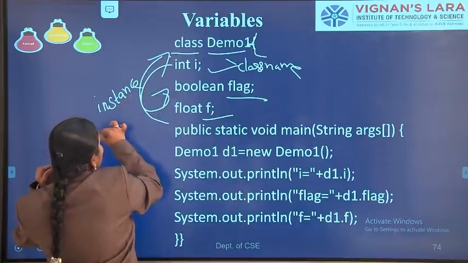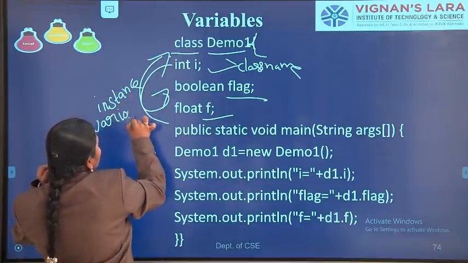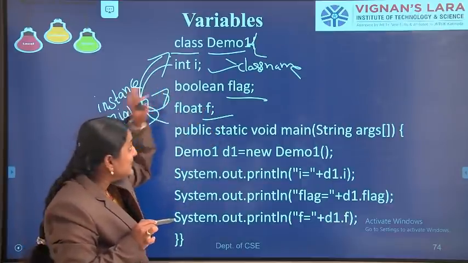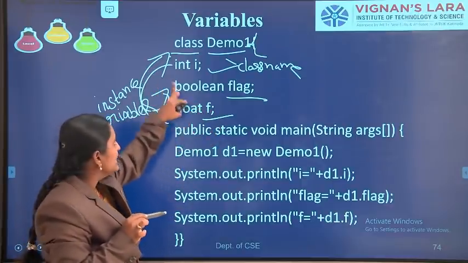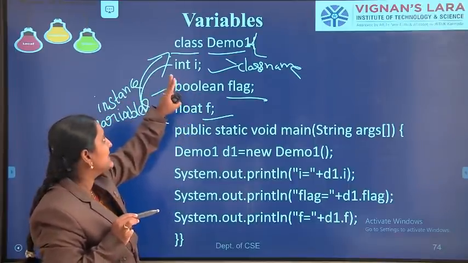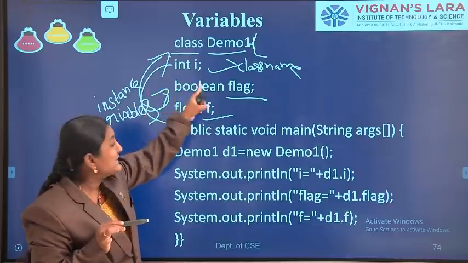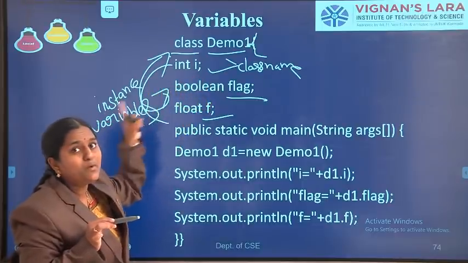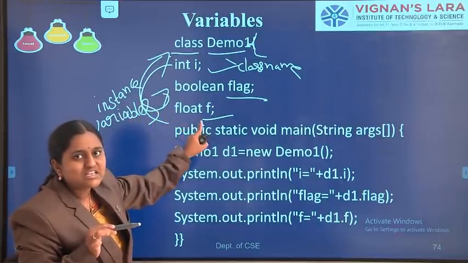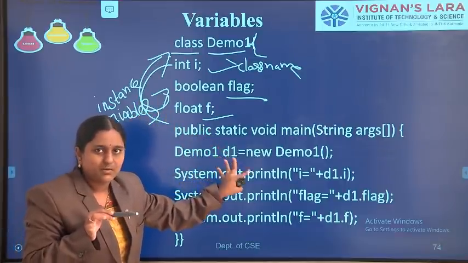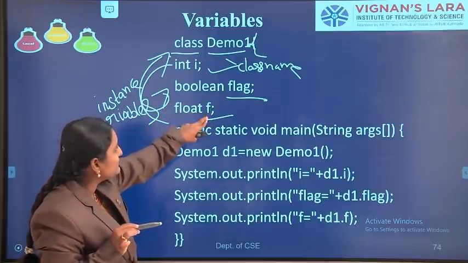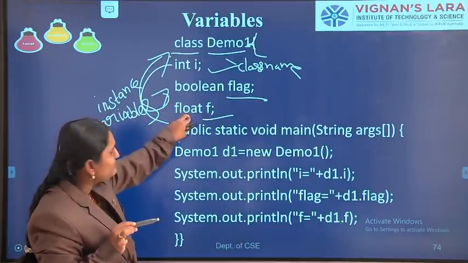I am defining the variables: int i, boolean flag, float f. Here i is an integer type variable. I don't initialize the value, because it is an instance variable and default initialization is applicable to instance variables. Flag is a boolean type variable, and f is a float type variable.